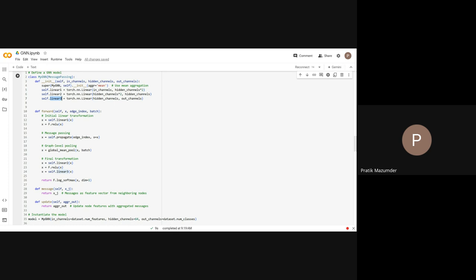Self refers to the object, so you can refer to any of the components of that particular object. In this case, you can refer to linear one directly, because you are using this pointer-like self in Python.